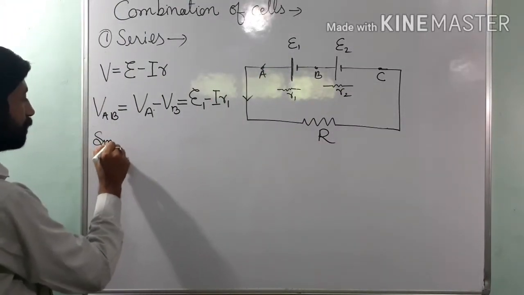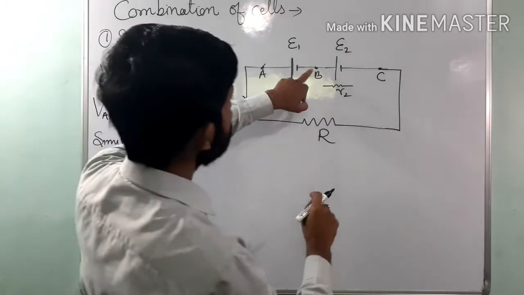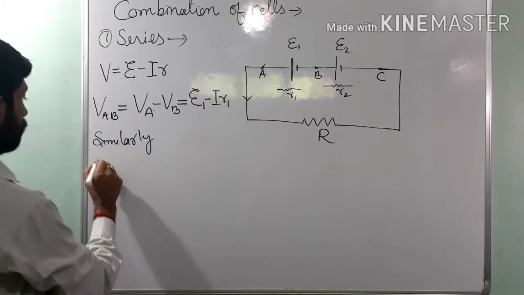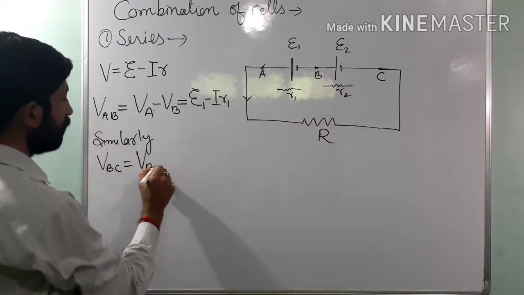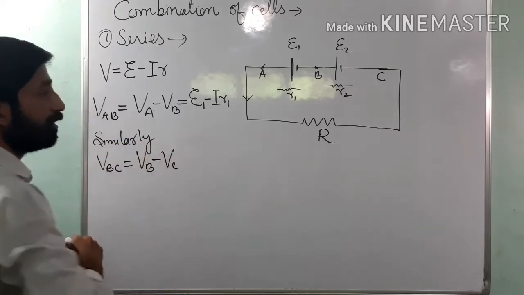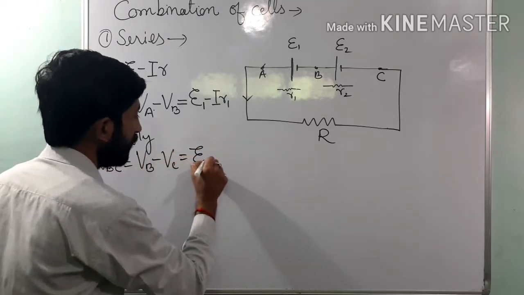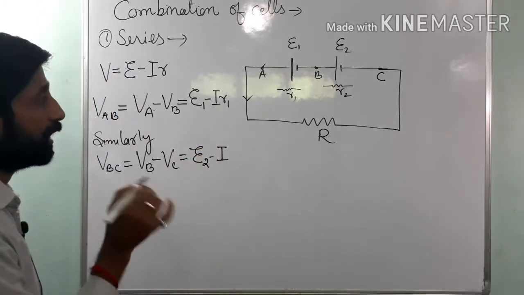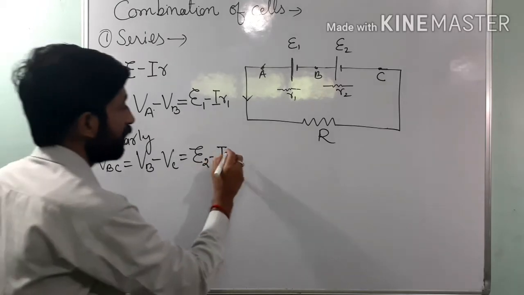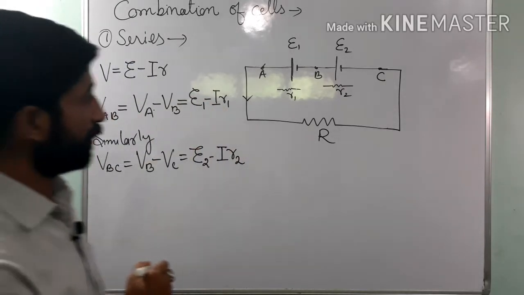Similarly, the potential difference between B and C, VBC, is equal to VB minus VC, and that is equal to the second EMF E2 minus IR2. As the current is the same, I will not write I1, I2, rather it is I. Clear?